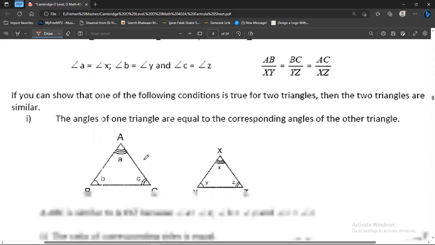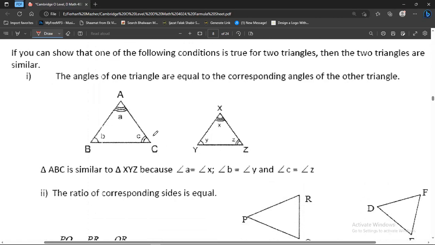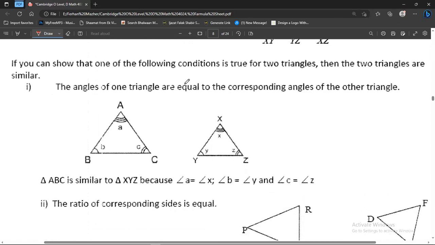If you can show that one of the following conditions is true for two triangles, then the two triangles are similar. How do you prove that two triangles are similar? One test is that you prove that two angles are the same. If you are comparing two triangles, and in those two triangles two angles are the same, then those two triangles are similar to each other.